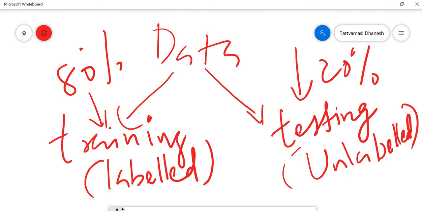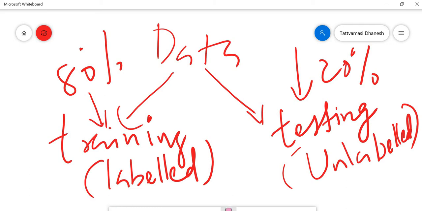For example, if you want to check whether an email is spam or not, using the subject line, email body, and sender's email address, you split this data into two. The training data should be 80%, and we test with the 20%, and the machine learning model has to do the prediction based on the testing data or the unlabeled data.